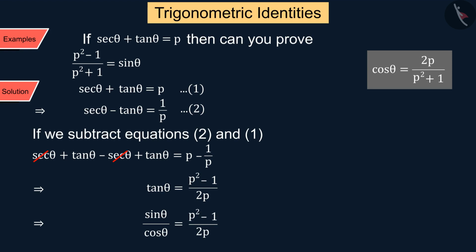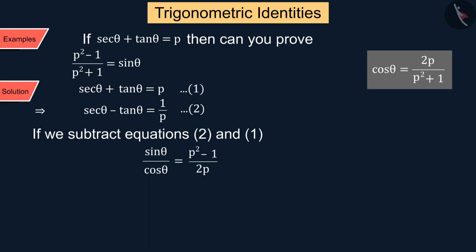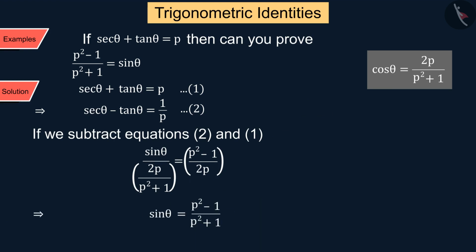After solving, put the value of cos theta. And see that on solving, we get the same value of sine theta that we were given in the question. Thus, we proved that both sides are equal.